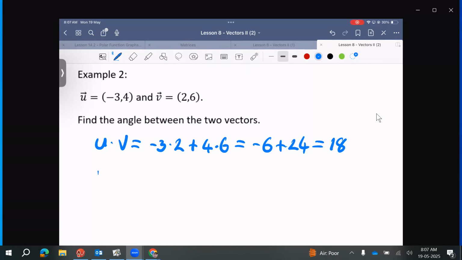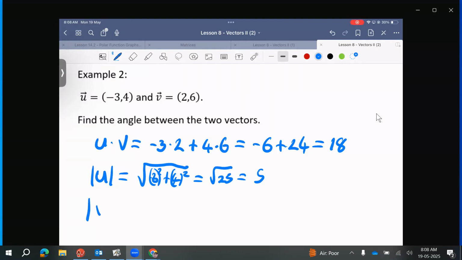All right. Let's have a go at finding the magnitude of u. Just because the question wants an angle doesn't mean every number we produce is an angle. So what did we get for the magnitude of v? Root 40.